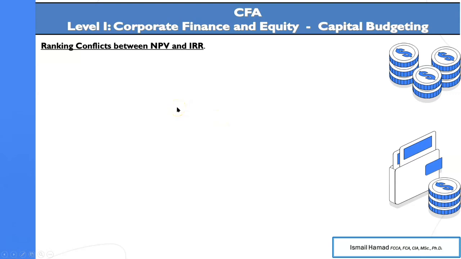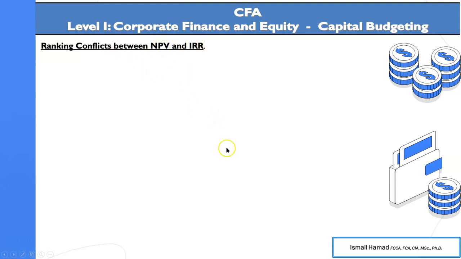So if the two projects are mutually exclusive, you have to choose the net present value, because this is the real value you are ultimately going to create for the company as a whole, regardless of whether you are getting it at an IRR of 10 or 12 or 13%. At the end of the day, the company value or the equity value in the market will theoretically increase by the net present value, not by the IRR.